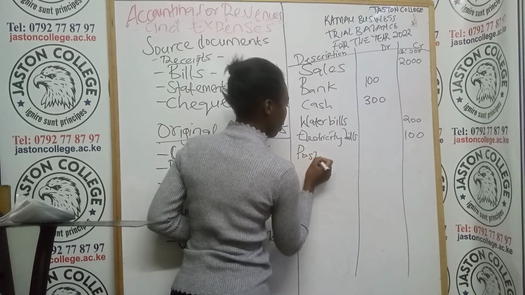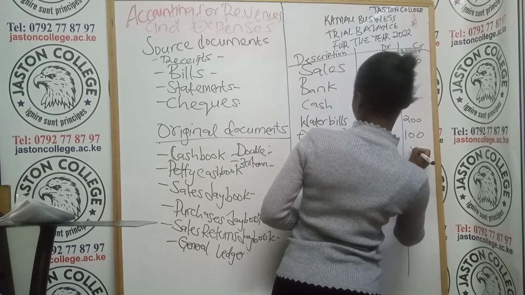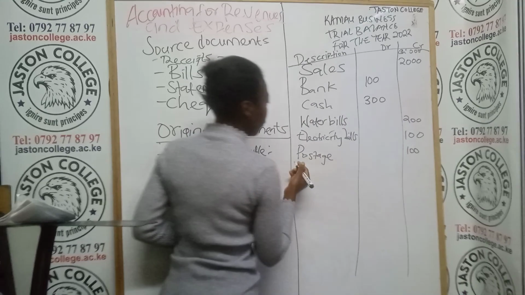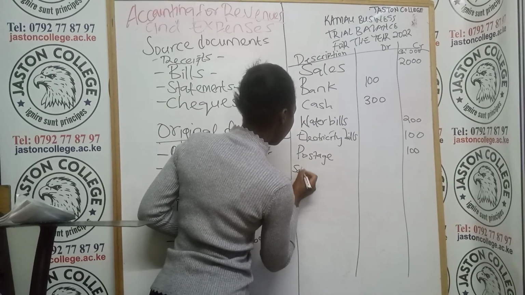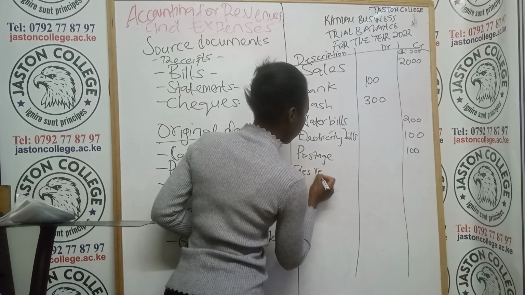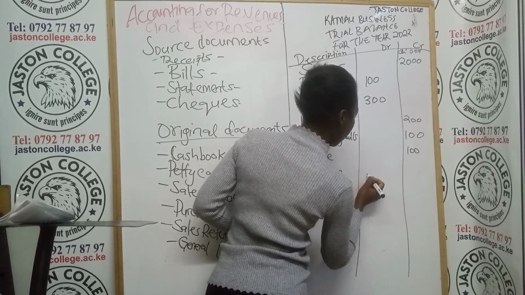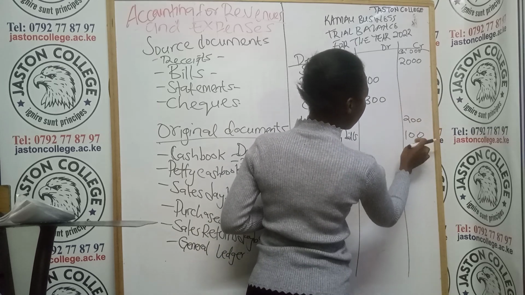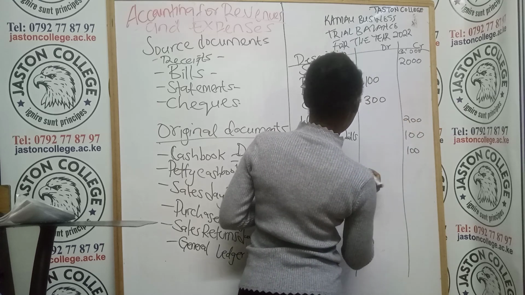Postage, 100. Then we have sales returns. Let's say like 2000. Sales returns.